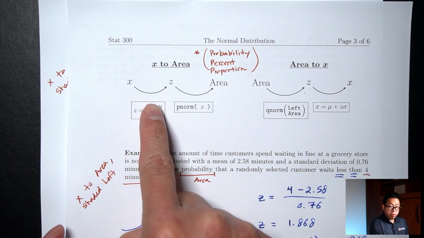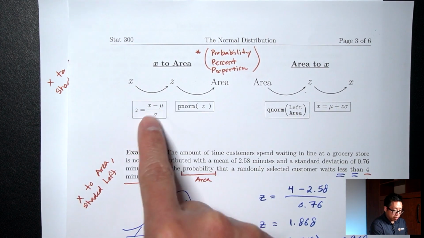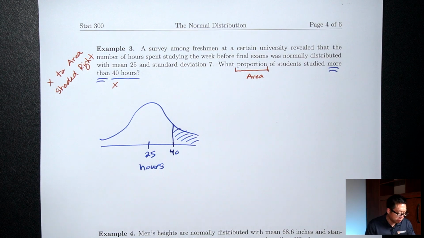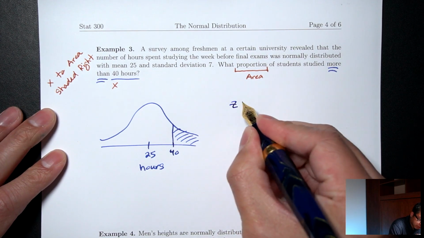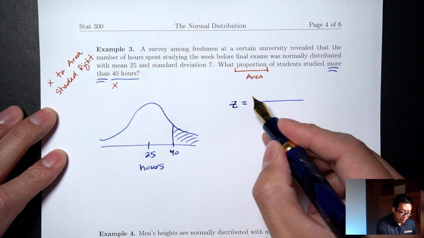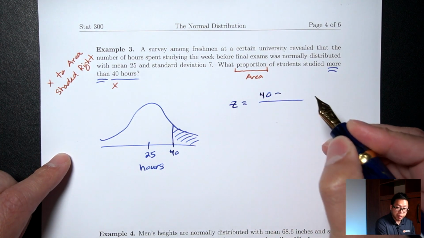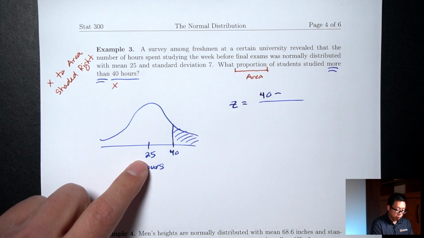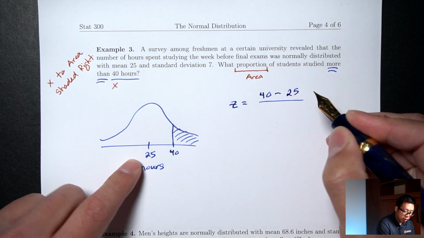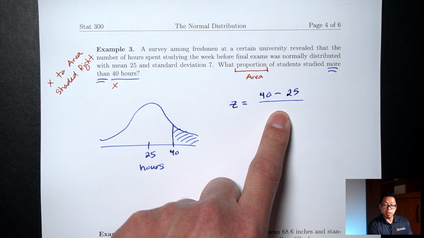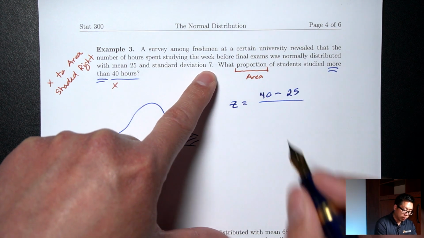X to area, first thing we need to do is go from x to z using the z-score formula. Our x was the 40 minus the mean. The mean here is the 25. On the bottom is the standard deviation, which in this case was 7.